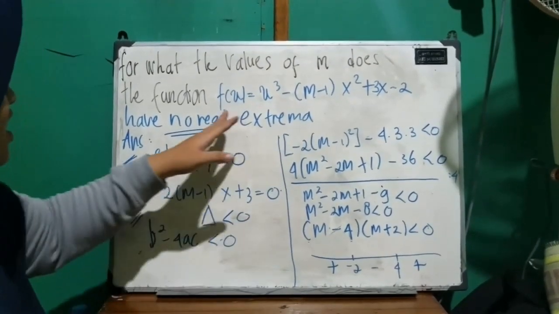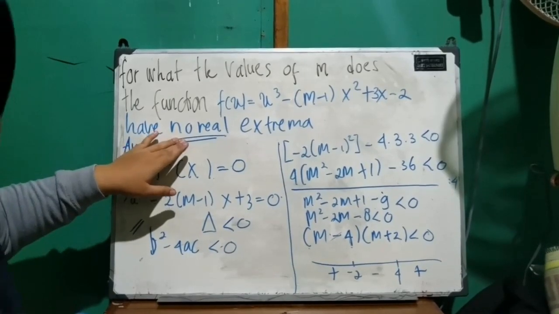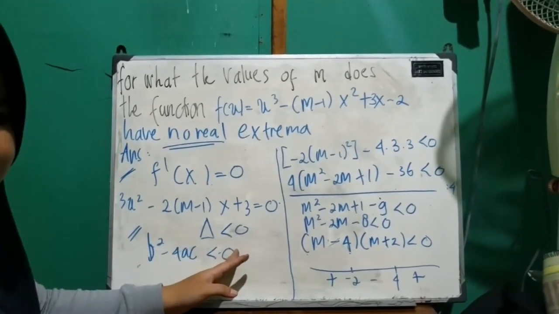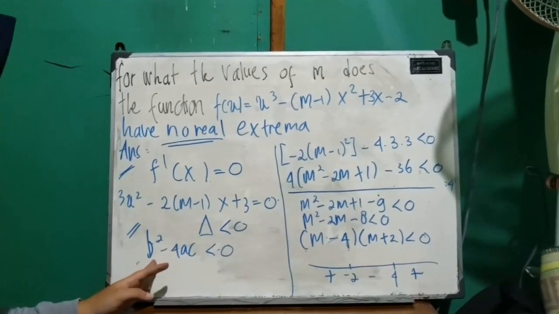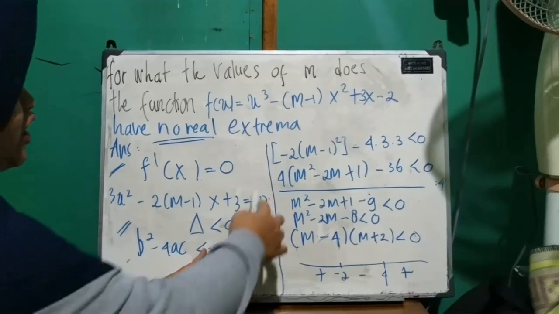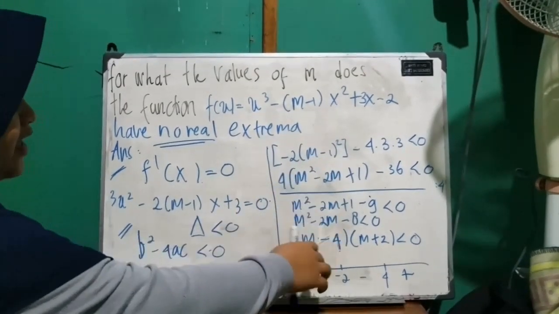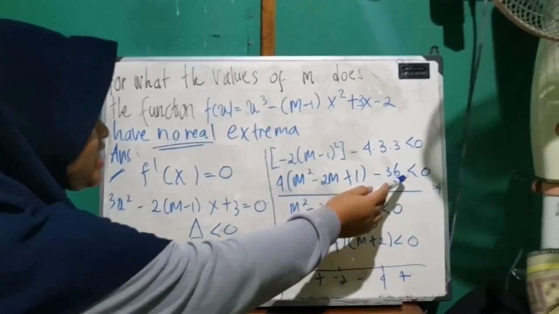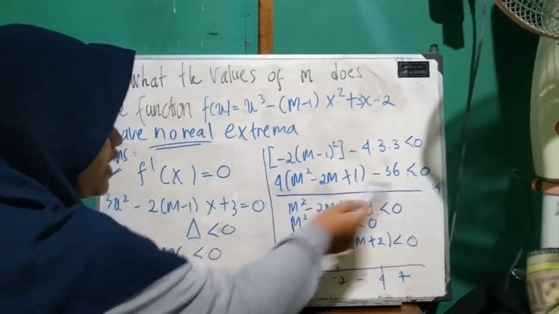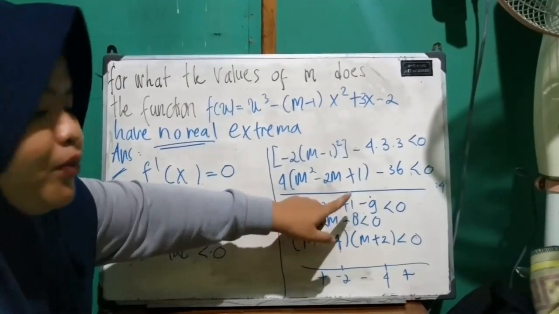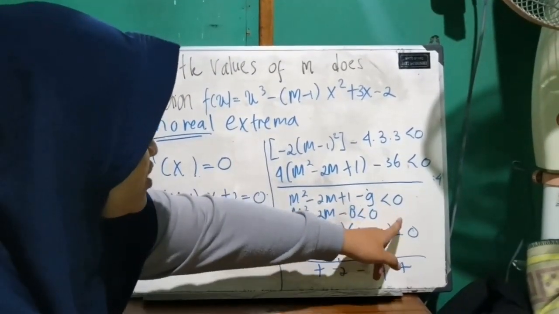Because they talk about no real extrema, that means the discriminant is less than 0. The formula of the discriminant is b squared minus 4ac less than 0. From here, we substitute and simplify, and we get 4 times (m squared minus 2m plus 1) minus 36 less than 0. We can divide this by 4, and then we get m squared minus 2m plus 1 minus 9 less than 0.